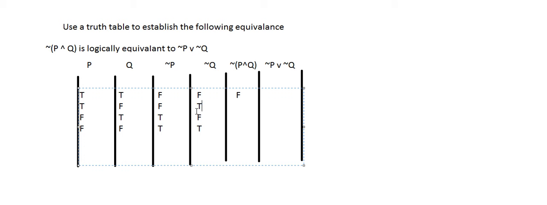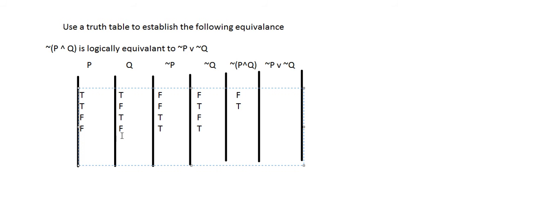For the next one, we have P and Q. It'll be true and false, so that statement is false because both have to be true, but the negation of false will be true. So this one will actually be true. For the next one, we have false and true.